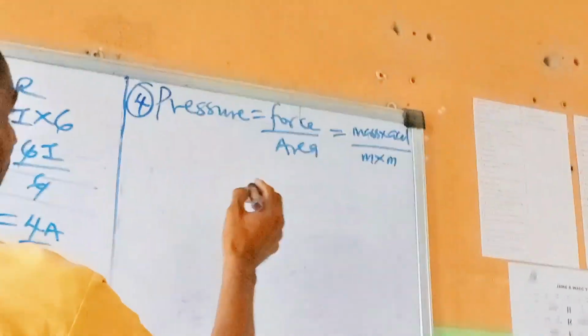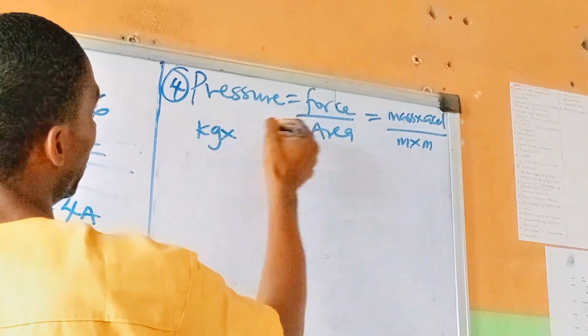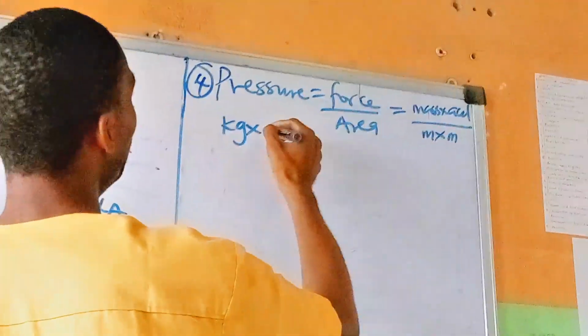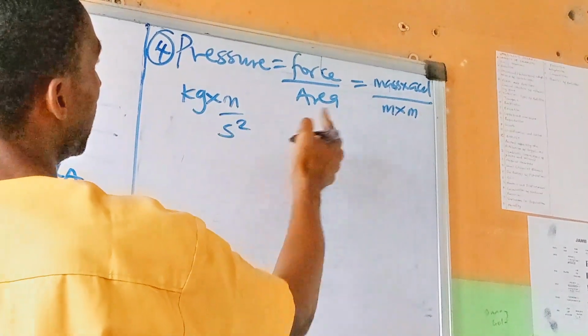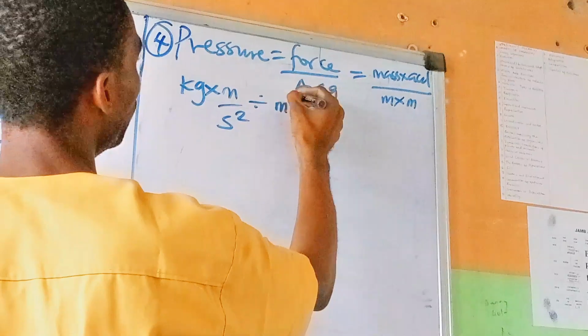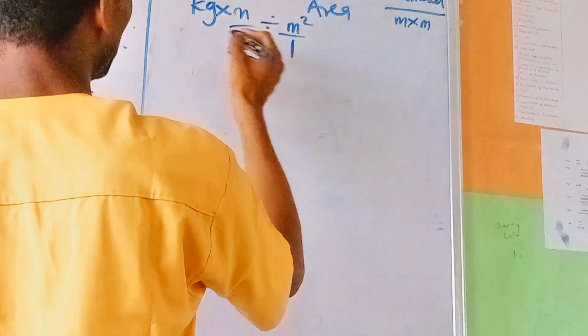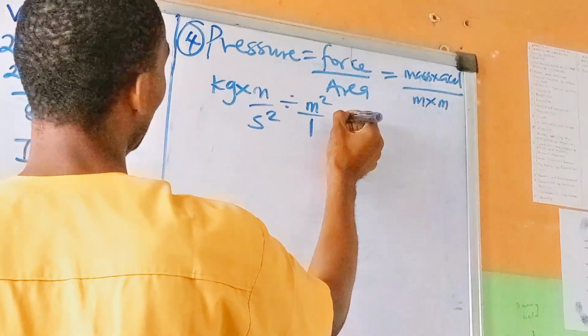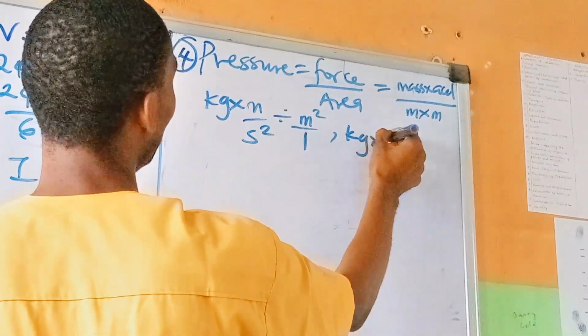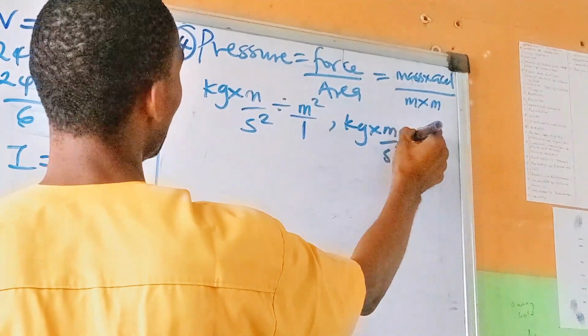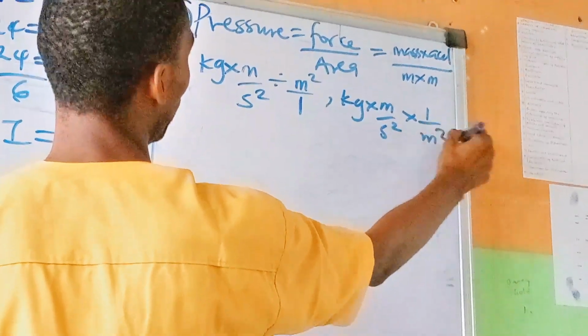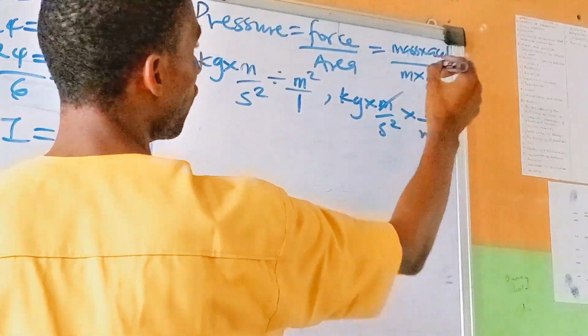The SI unit of mass is kilogram. So kilogram times the SI unit of acceleration, meter per second squared, divided by meter squared, which is area over 1. So I can rewrite these as kg times meter per second squared times 1 over meter squared. So meter will cancel one of these.